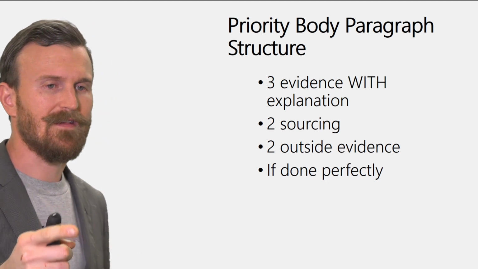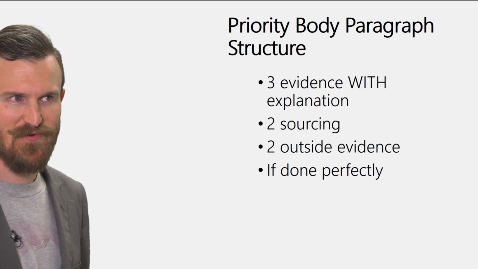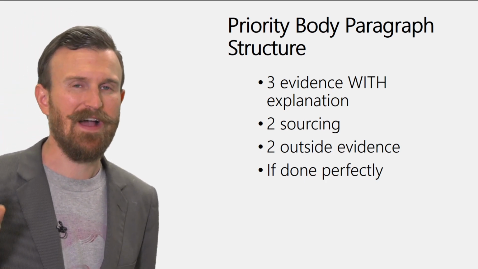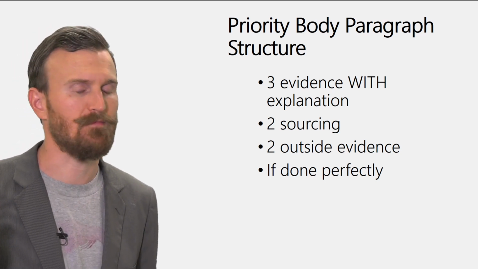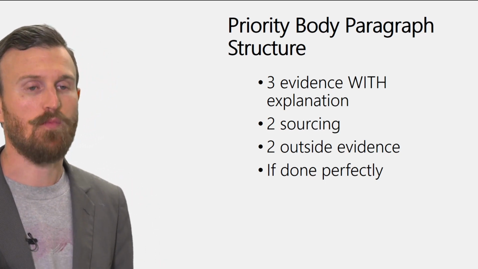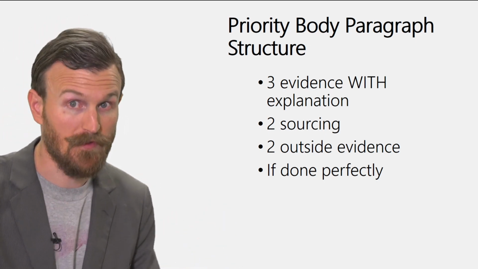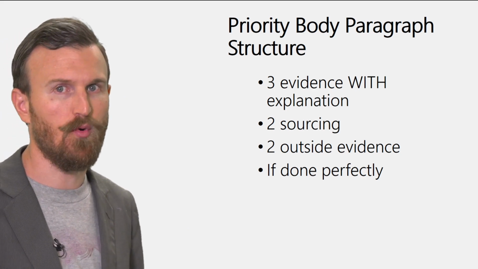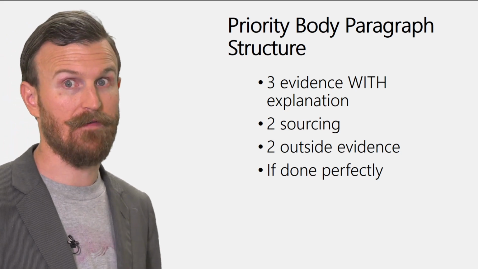Because of the way the points are given to you in the body paragraph structure, you have an opportunity to earn many points here. You have only 45 to 50 minutes to write this thing, so you need to be efficient with your time. So prioritize. Whatever group you feel most comfortable with, most familiar with, and has the most and best supporting evidence, that will be your priority body paragraph.